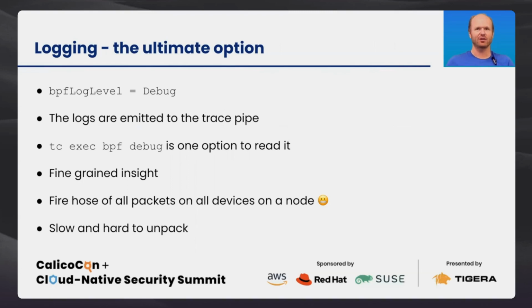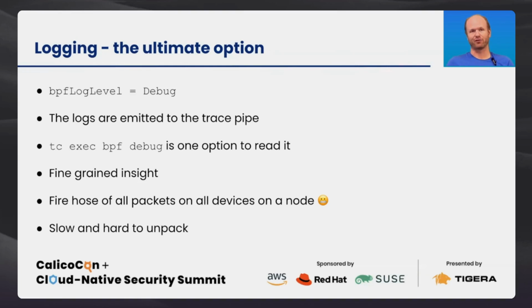These logs are essentially printk from the kernel, and they are directed into the trace pipe, and you can go and see them in various ways, one of which is the command on the slide, and it gives you extremely fine-grained insight into what is happening. However, it is mostly a fire hose, and all the packets are being logged and all the traces are being logged on all devices on the node, which obviously is a problem if you have a larger setup, if you have a setup which is busy, which is typically in production. That is slow.